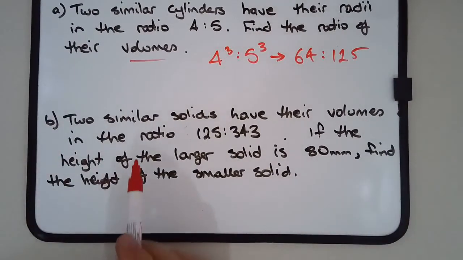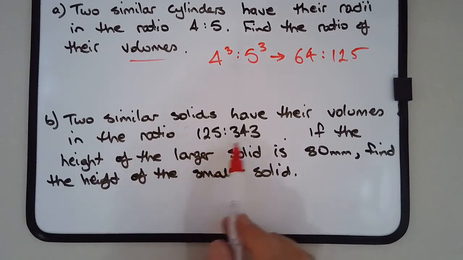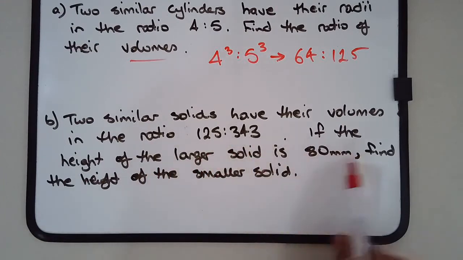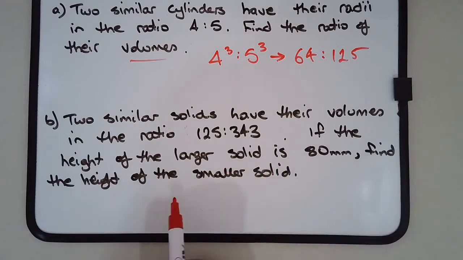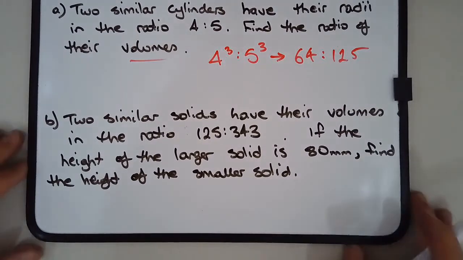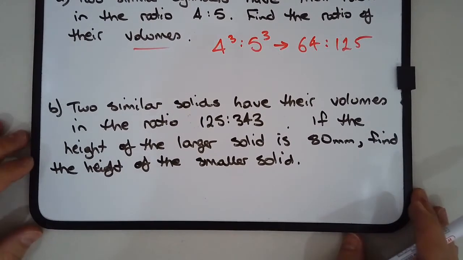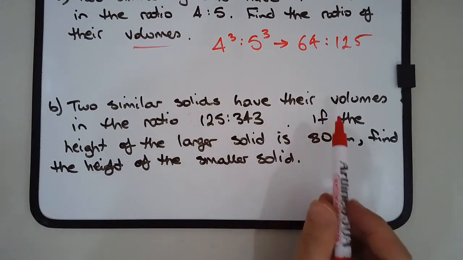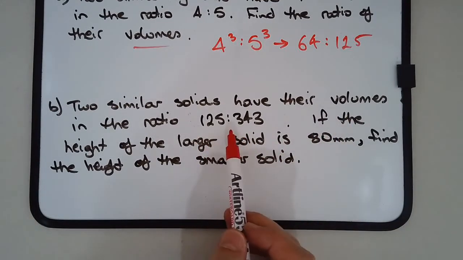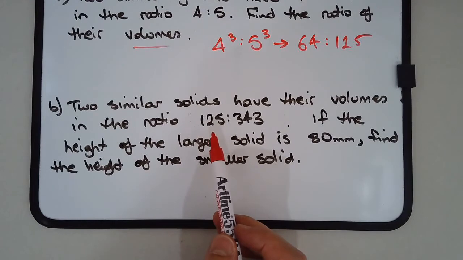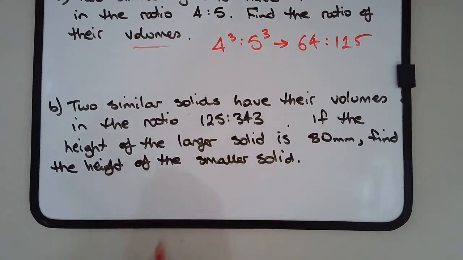Part B. Two similar solids have their volumes in the ratio 125 to 343. If the height of the larger solid is 80 millimeters, find the height of the smaller solid. This is really just an application of ratios and manipulation of this ratio. The first thing we need to see is that we're given the ratio of the volumes, which means we need to take the cube root, first of all, of each term of this ratio.